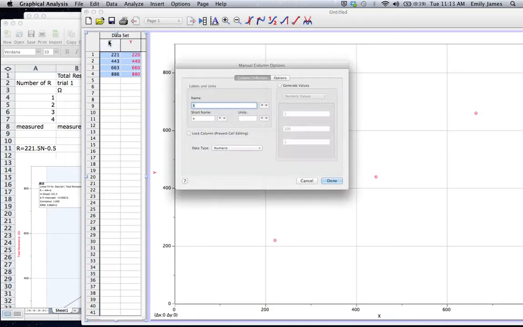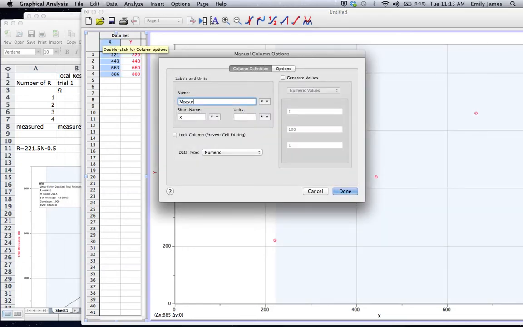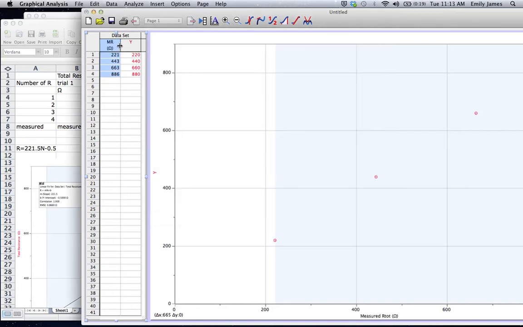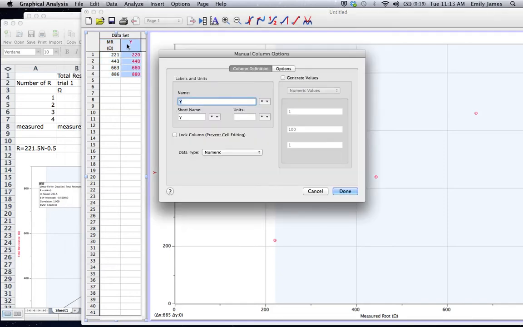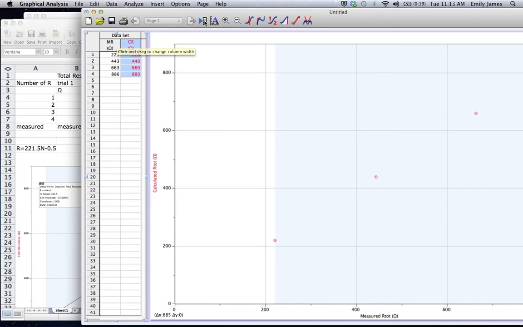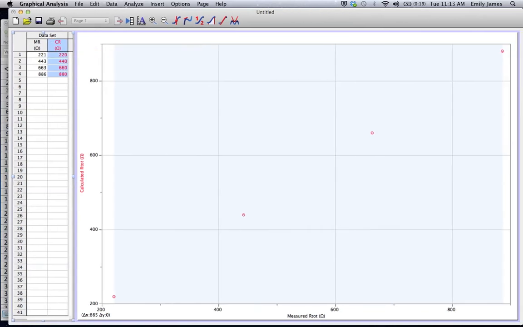This one was the measured R total in ohms, option Z. And the Y was the calculated R total in ohms. I'm going to push the A button so it auto scales.